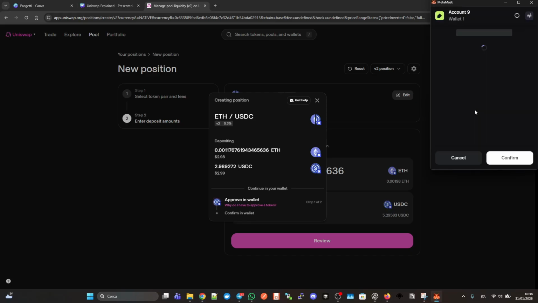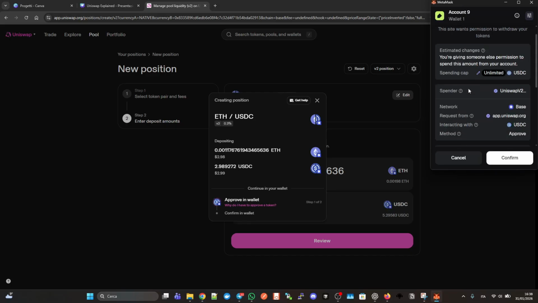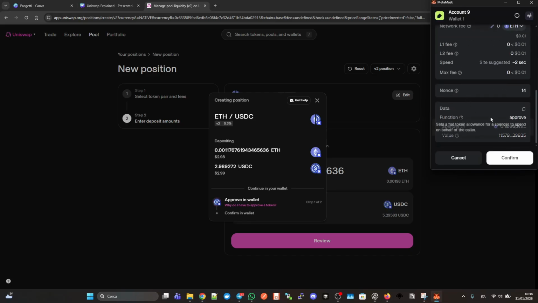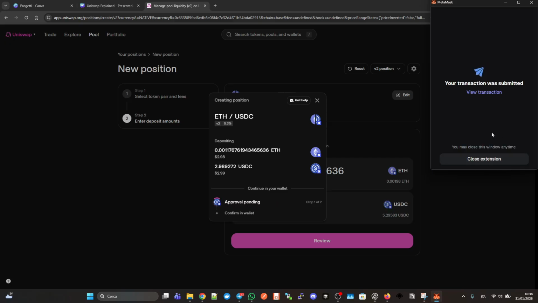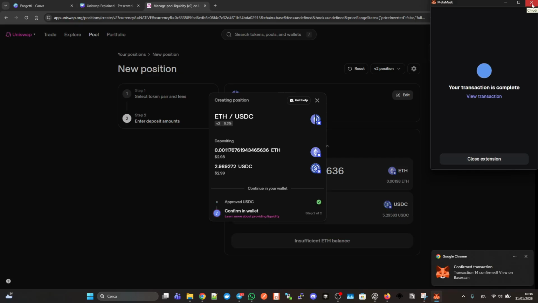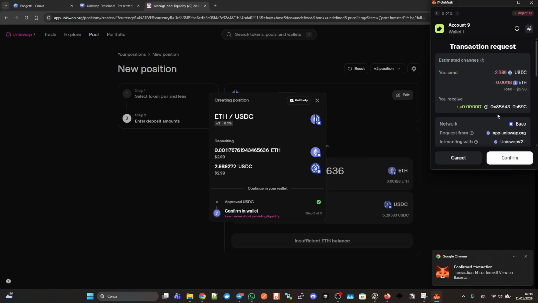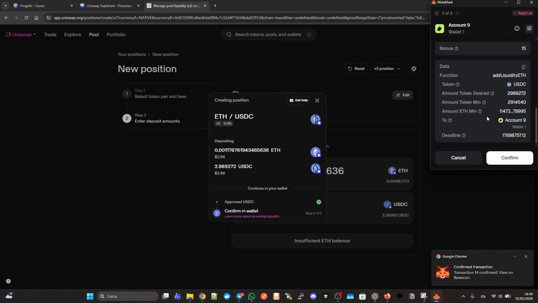We need to approve in the wallet. Okay, here we are calling the function approve. The spender is a Uniswap smart contract. Okay, this is the value. Confirm. Okay, the transaction has been submitted. Okay, transaction request.